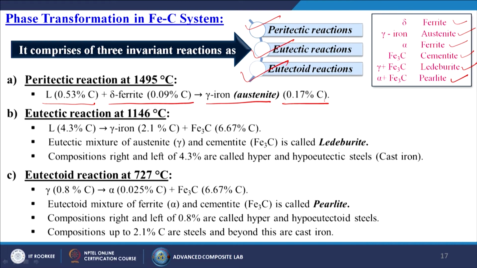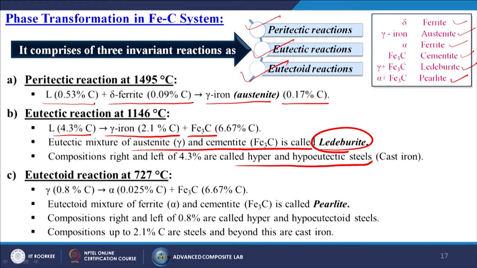What is the eutectic reaction at 1146 degree centigrade? Liquid with 4.3% carbon converts into gamma iron, that is 2.1% carbon, plus Fe3C, that is 6.67% carbon. The eutectic mixture of austenite and cementite is called ledeburite. Compositions right and left of 4.3% are called hyper and hypoeutectic steels, or maybe known as cast iron.